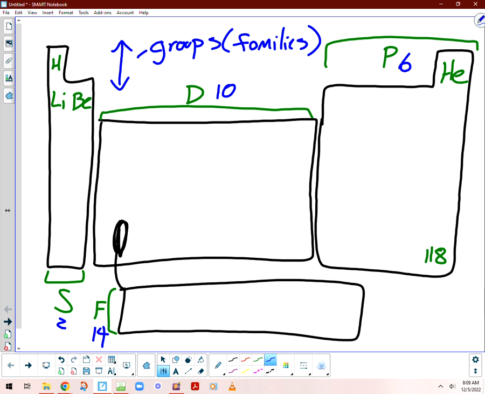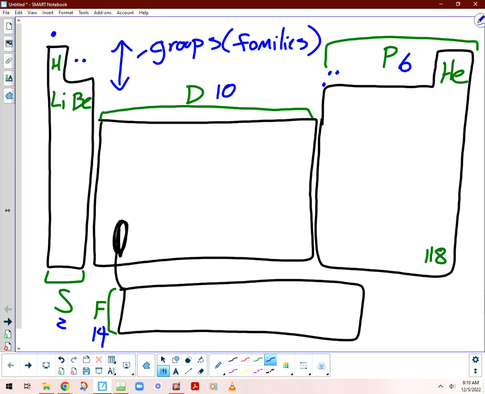They're very reactive metals. Everybody in this first column has got 1 valence electron that it tends to give away in chemical reactions. All the ones in group 2 have got 2 electrons they give away. Everybody here in the D block, they tend to have either 1 or 2 valence electrons. Way over here in group 13, these guys have 3. Okay, 2 in a pair and 1 single.